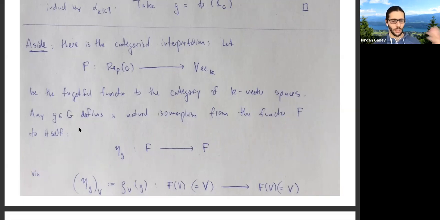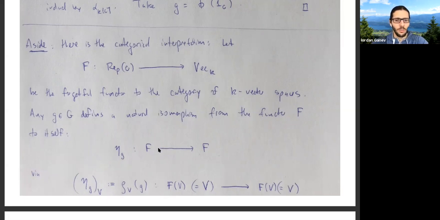In category theory class, you learned about functors, and there are maps between functors, which are called natural transformations. And if a natural transformation is invertible in the appropriate sense, then it's called a natural isomorphism.